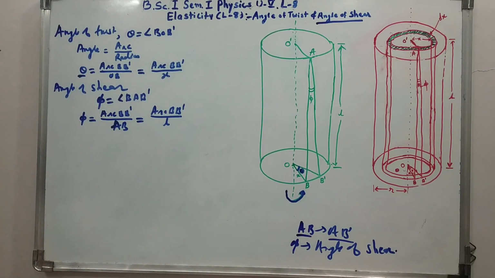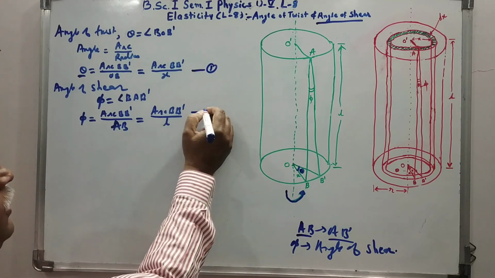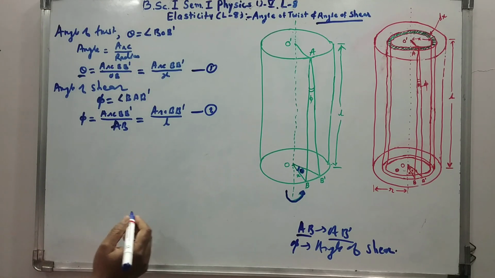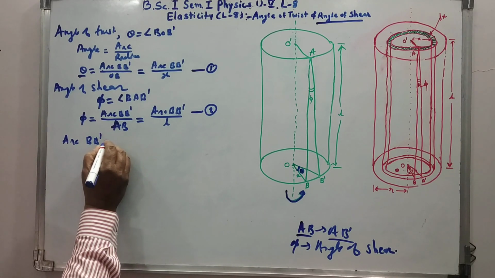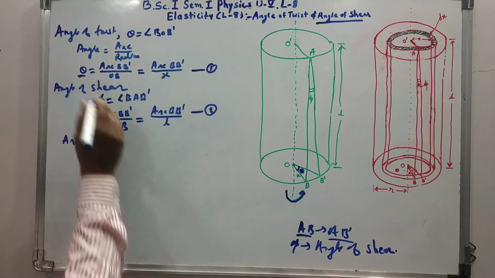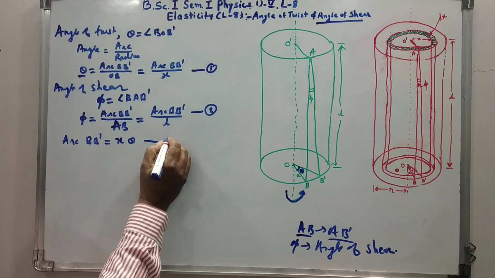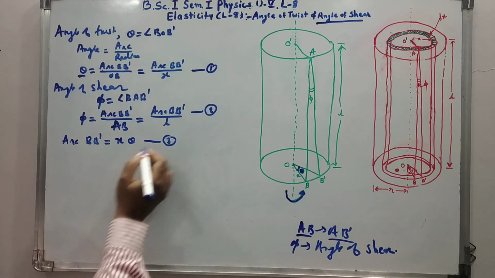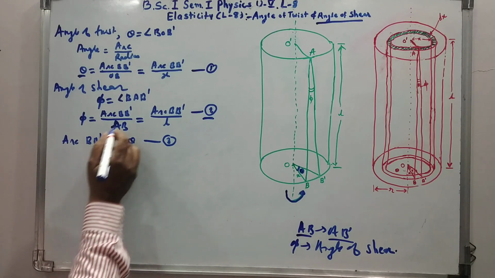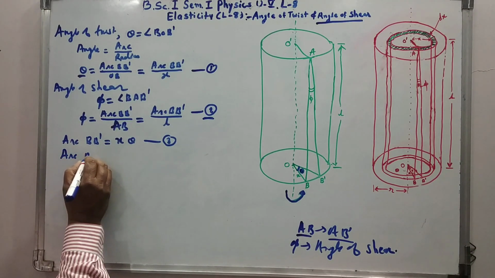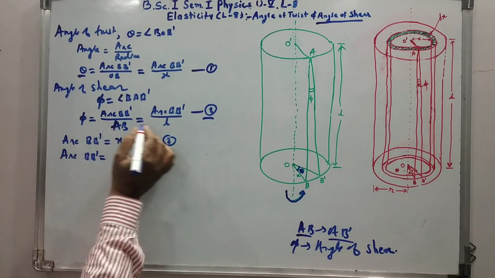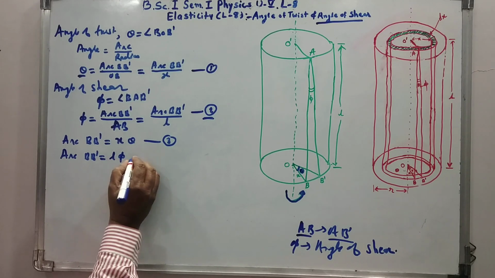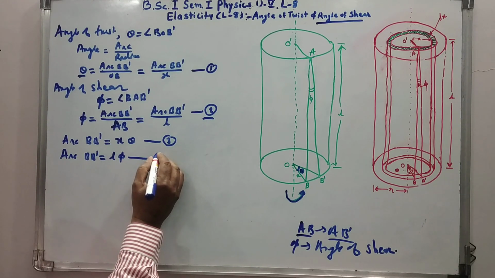Let us obtain the relation between the angle of twist and the angle of shear. So this is equation number 1, and this is equation 2. From equation 1, arc BB dash is equal to x into theta. Let it be equation number 3. And from equation number 2, arc BB dash is equal to L into phi, so this is equation number 4.